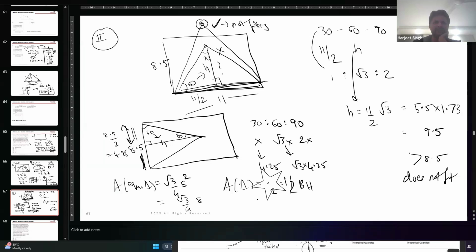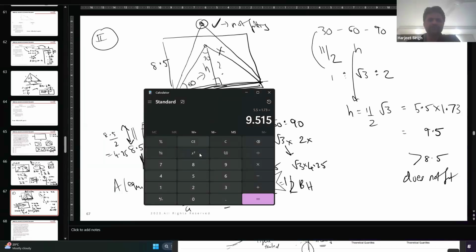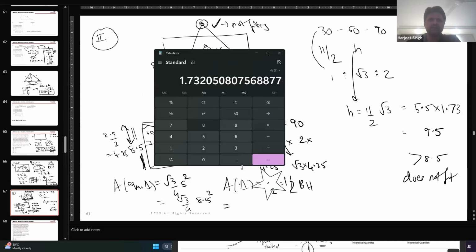Root 3 by 4 into 8.5 square. So that is equal to root 3 into 8.5.